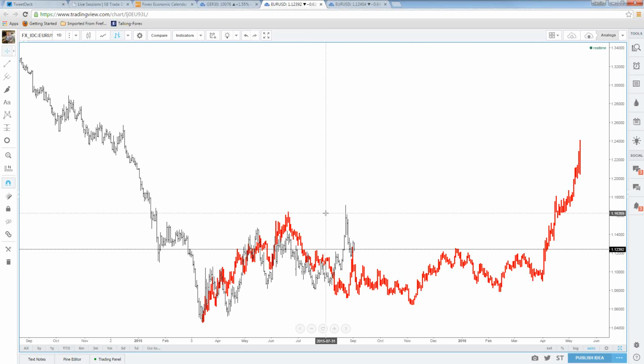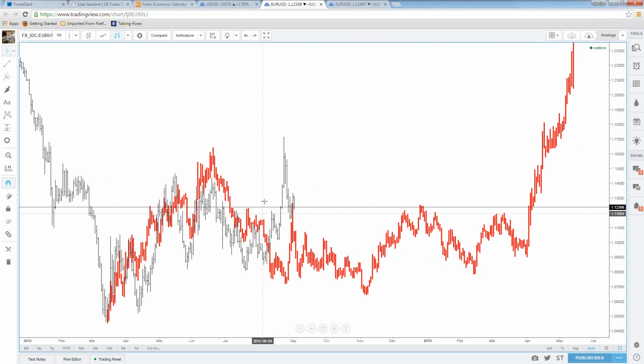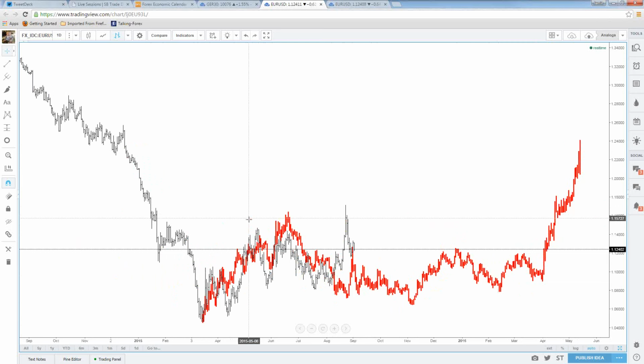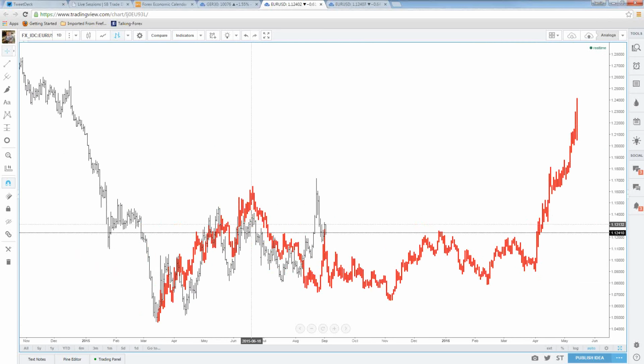Well, if that's the case, then the euro is going to be in trading hell for a while. If we follow that analog, it does match up pretty well, but it suggests we go sideways for quite a while in the euro. So I'm going to continue to follow that too.